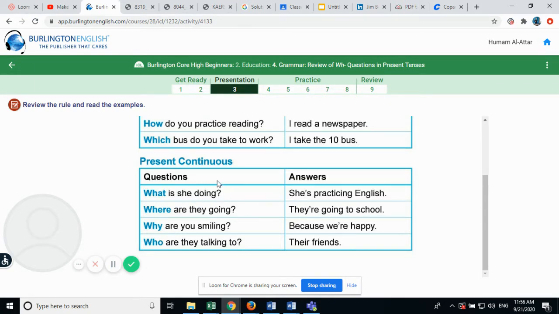Okay, so what? We use present continuous. Do plus ing, doing. And when we answer, we also answer with present continuous. She's practicing. Where? Going. We have the verb go with ing. Same thing, we answer with present continuous. They're going to school. Why?